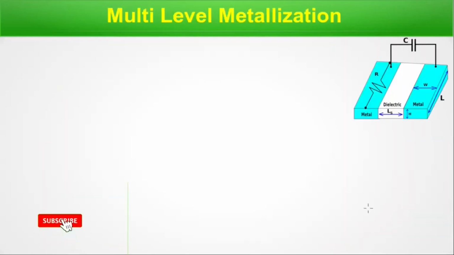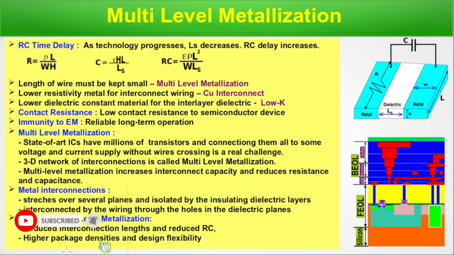Multi-level metallization. We know multi-level metallization is used. Do you know why it's used and what other related issues there are with multi-level metallization? Now we will understand that. RC time delay. We know it's basically a figure of merit to understand how good our interconnect is working. So as technology scales, the feature size decreases, and RC delay increases.